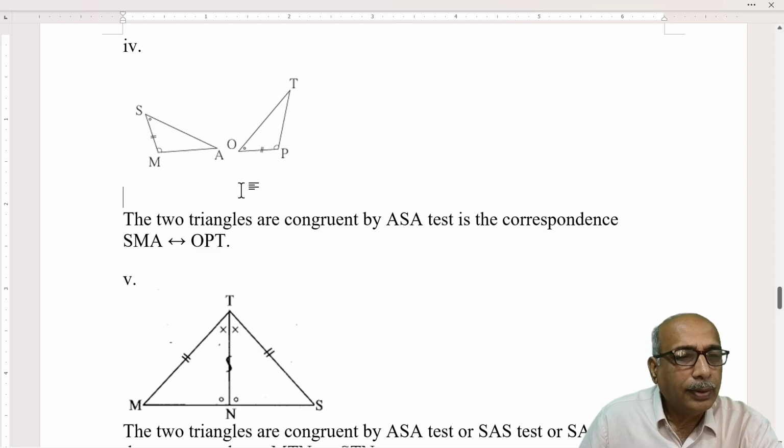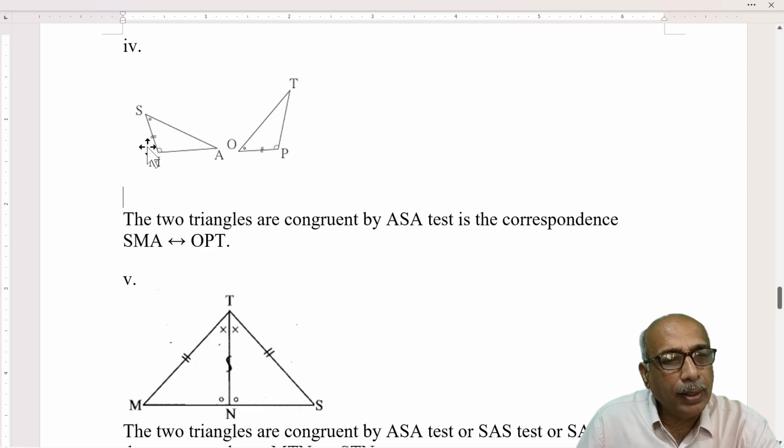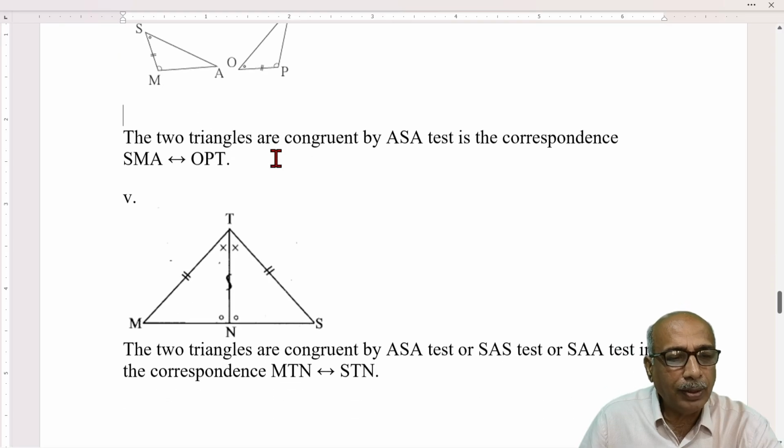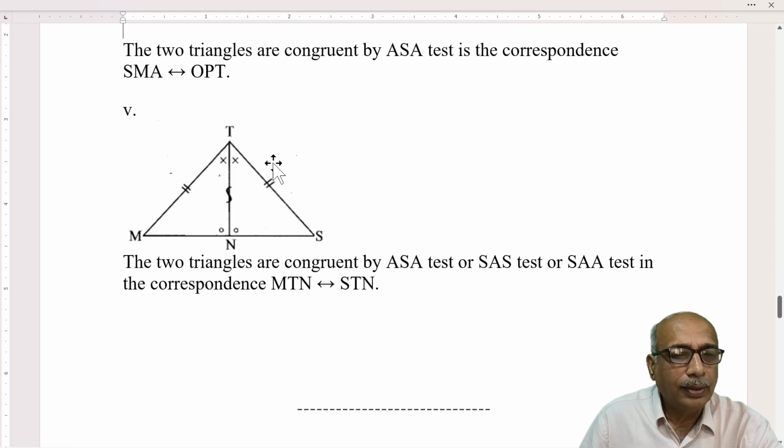A, and OP, what is remaining? T. So one-to-one correspondence. See, S corresponds to O, M corresponds to P. So A will correspond to T. The two triangles are congruent by angle side angle, that is ASA test. Very simple.